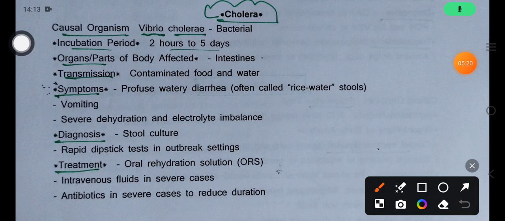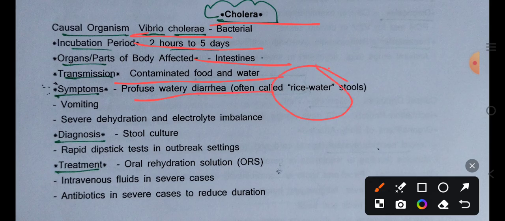Next is cholera. It is caused by Vibrio cholerae. Its incubation period is 2 hours to 5 days. Intestine is the body part which is affected. Transmission is through contaminated food and water, and the symptoms involve profuse watery diarrhea, which is also called rice water stools, vomiting, severe dehydration, and electrolyte imbalance.